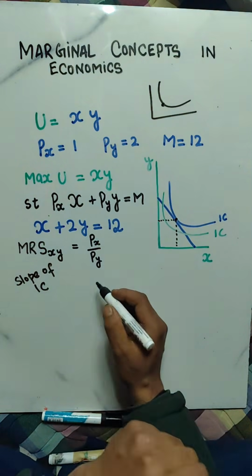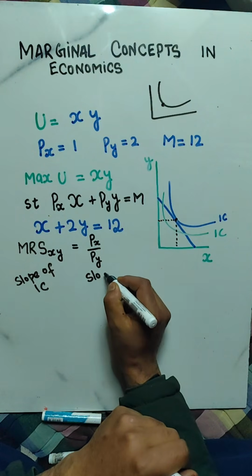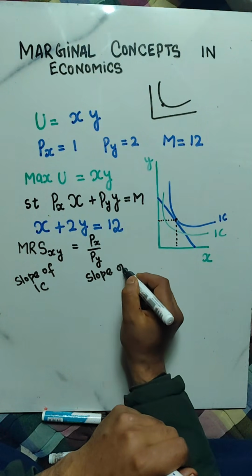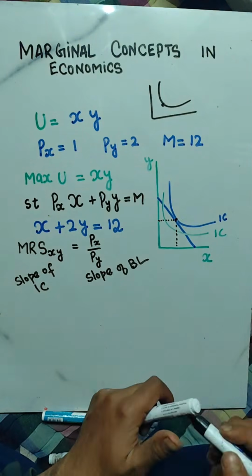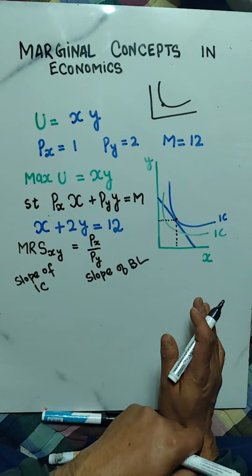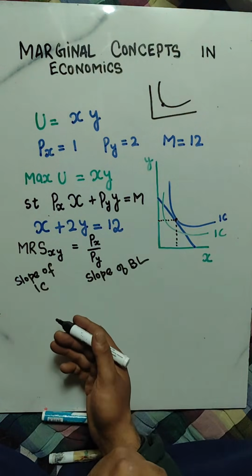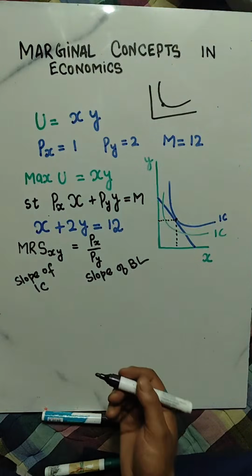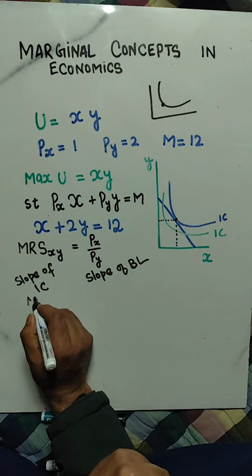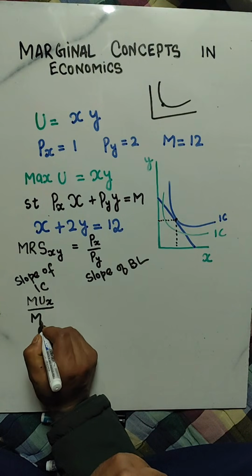The ratio of the prices is the slope of the budget line. Having said that, what is the marginal rate of substitution? I have discussed it earlier. It is simply the ratio of the marginal utility of good x and the marginal utility of good y.